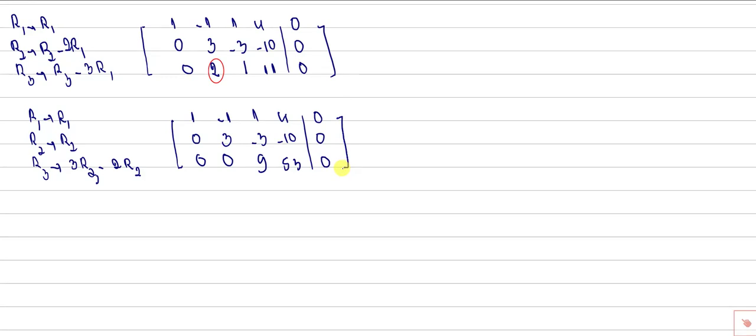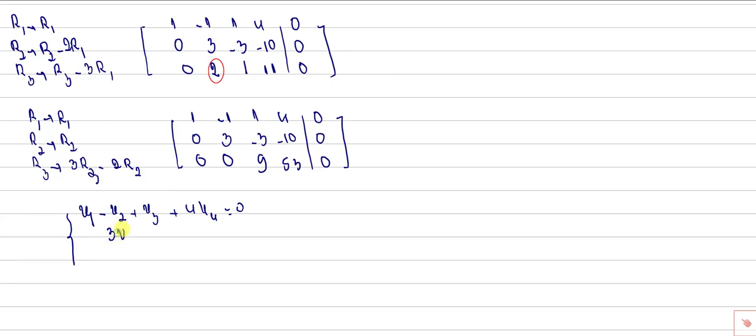And now we can convert this augmented matrix to a system of linear equations. We got x1 minus x2 plus x3 plus 4x4 equal to 0.